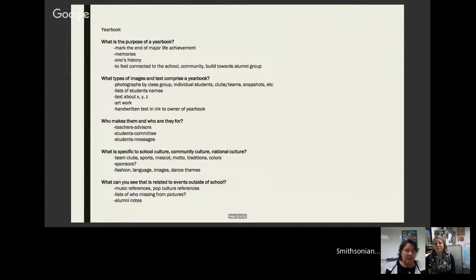If we go to the next page, I detailed some of the questions to draw out if you were to perhaps assign these in groups for students to look at a particular aspect of a yearbook. What is the purpose? You can read those: it's a major life achievement, there are memories, it's your own history, but we also use it to feel connected to a community.